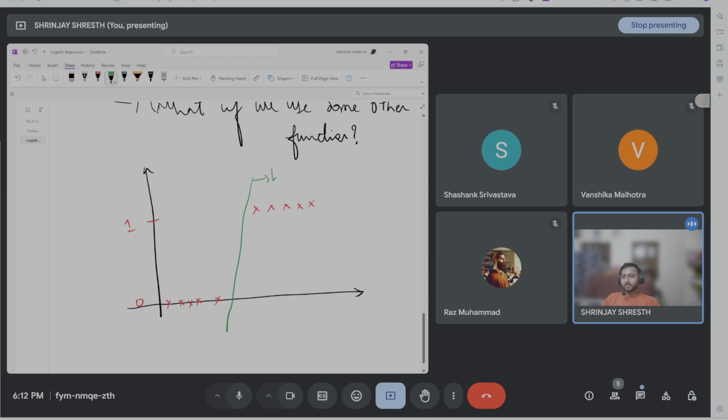Right, I can make my hypothesis line something like this that whatever value you may take, if it lies right to this, that value belongs to this prediction 1, and whatever value lies on the left hand side it belongs to your prediction 0, right? This is your x, this is your y.